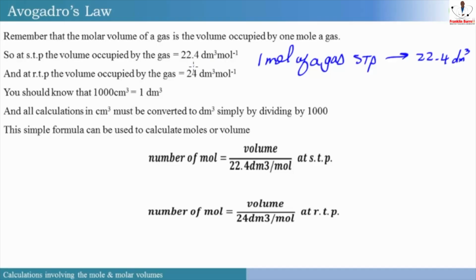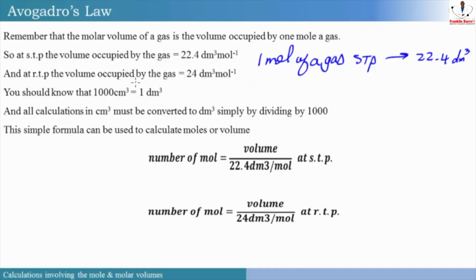So for every mole, it occupies 22.4. If it is at RTP, which is room temperature and pressure, then every mole of that gas would occupy 24 dm cube. So the volume occupied by the gas at RTP is 24 dm cube per mole.